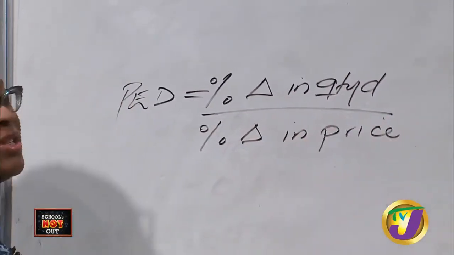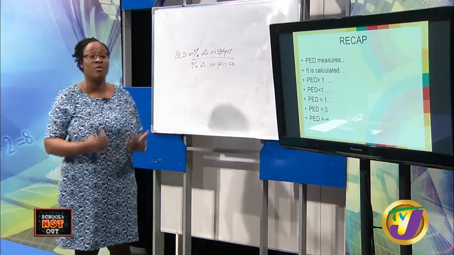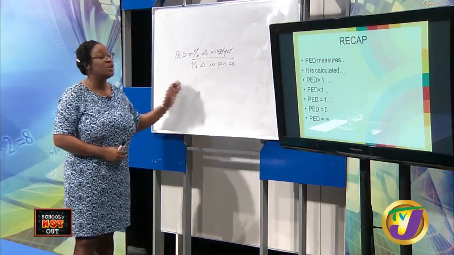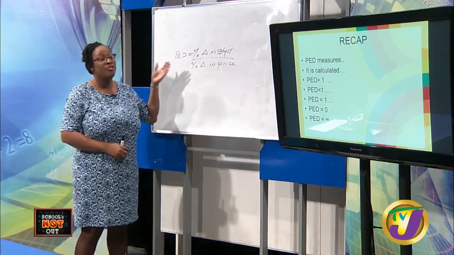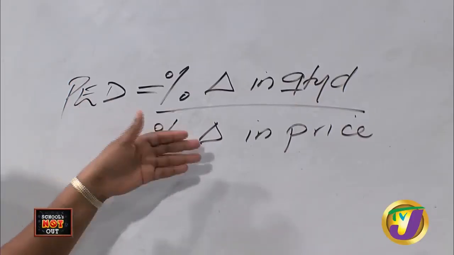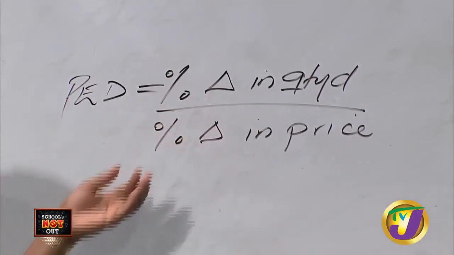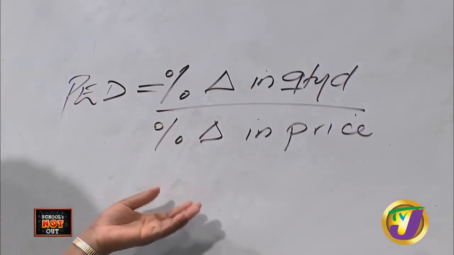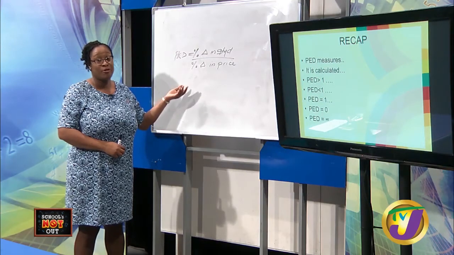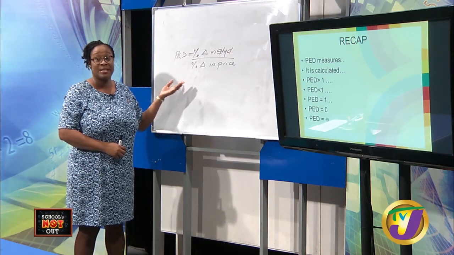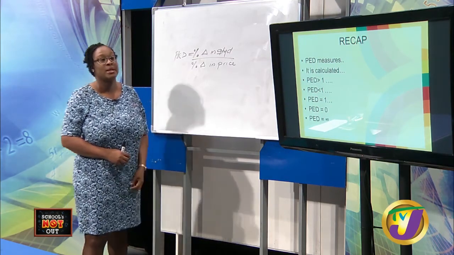And I must say, students, and I cannot emphasize it enough, that when you are doing your calculations, please put the formula down so that you do not make the error of turning the information around and getting the answer incorrect. For multiple choice, we have to be careful now. It's only one correct answer, and there are many distractors.